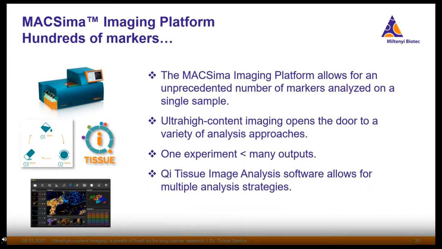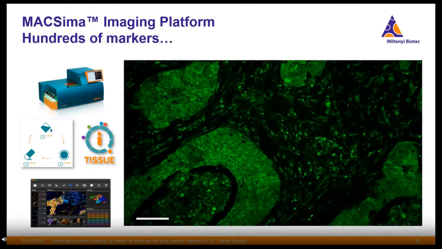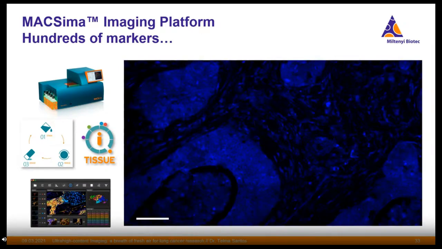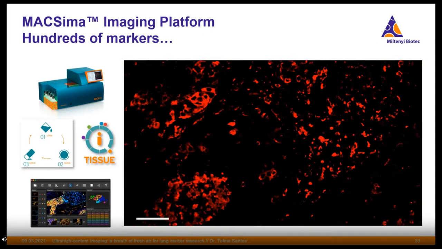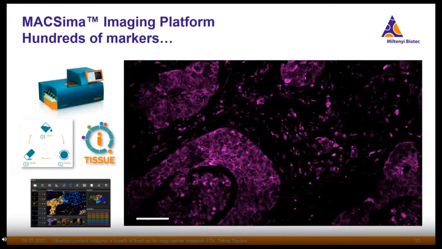This software allows for multiple analysis strategies, very complete, very convenient, easy to use, and elegant. As you can see, you can get quite a lot out of it. So I just wanted to finish by showing again this nice animation where you can see all the markers.